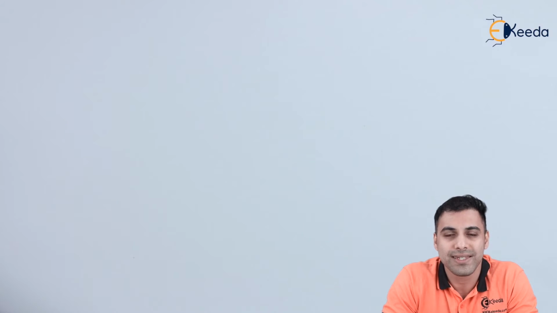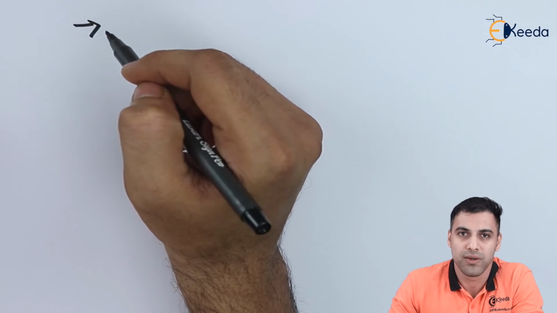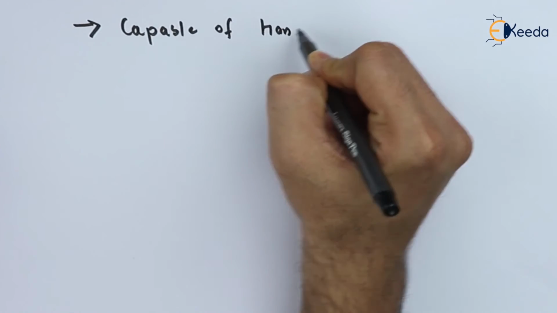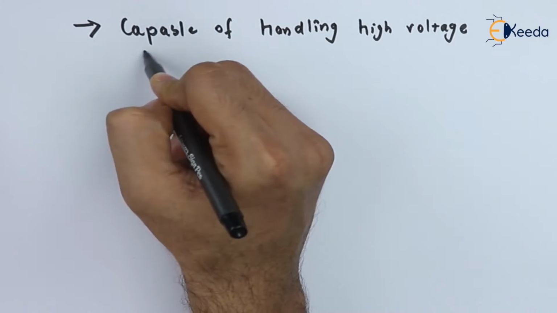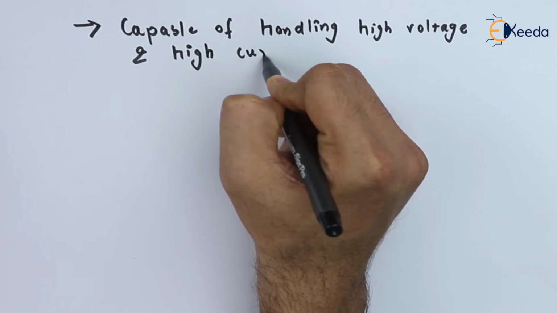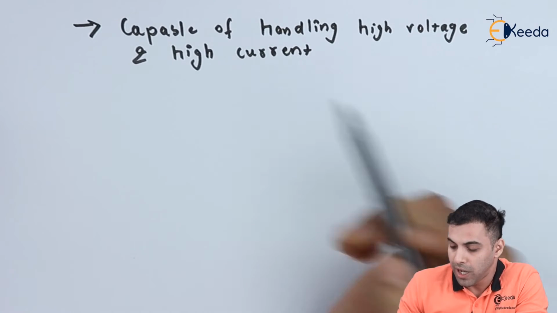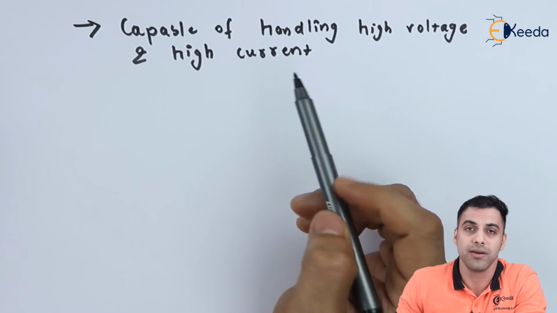So friends, let's now talk about some basic qualities or basic criteria of a power MOSFET. The first characteristic, as I mentioned earlier, is that a power MOSFET is capable of handling high voltage and high current values.